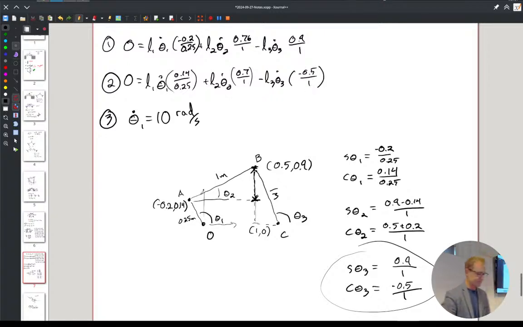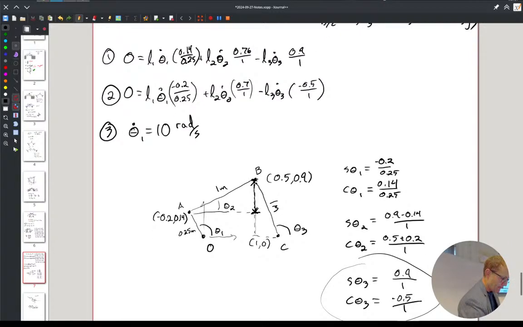Yeah. So if sine is opposite over hypotenuse, why for sine of theta 1 would you do... Oh, did I use the adjacent? 0.2. I did use adjacent because everything is wrong in here. Did I do that?